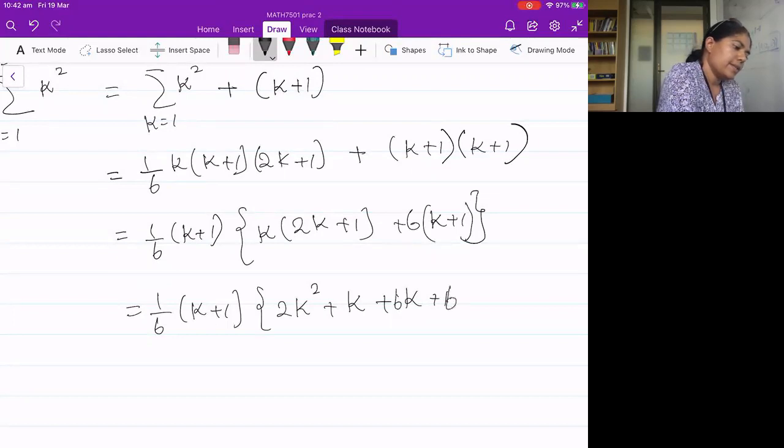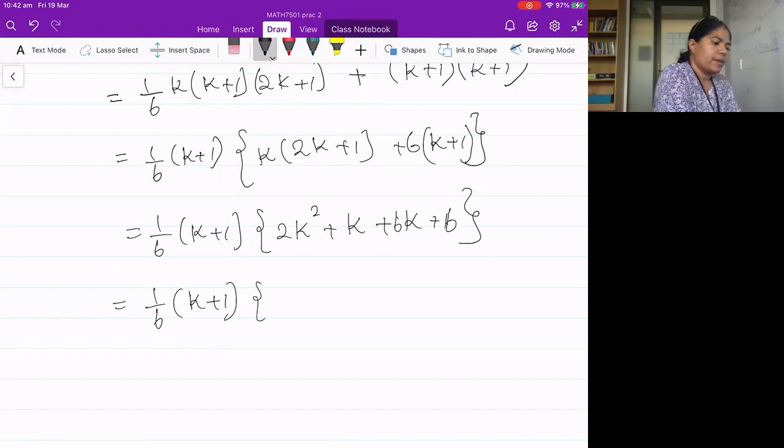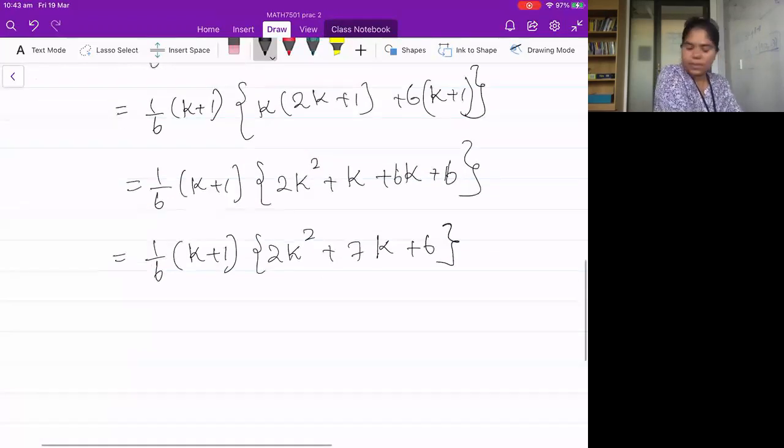So that's 1 by 6, k plus 1, 2k squared plus k plus 6k plus 6, which is 2k squared plus 7k plus 6. Okay, factorization of this part should give you k plus 2, 2k plus 3. Okay, now that's the left hand side.